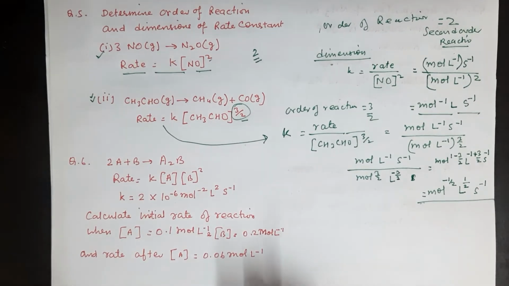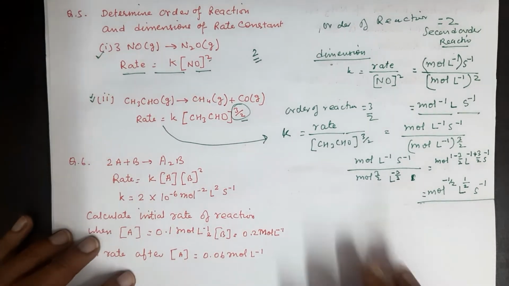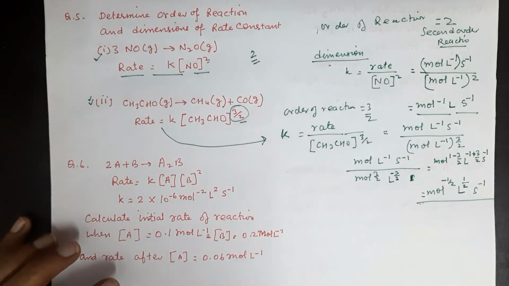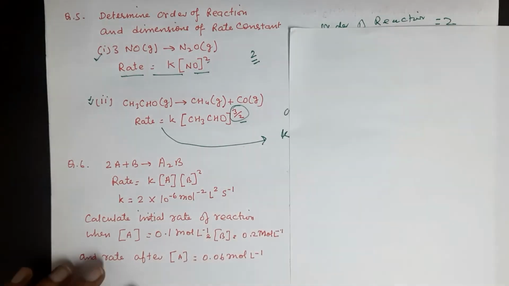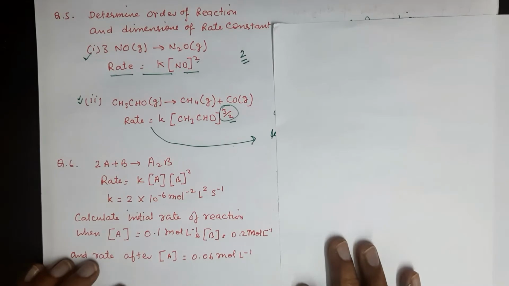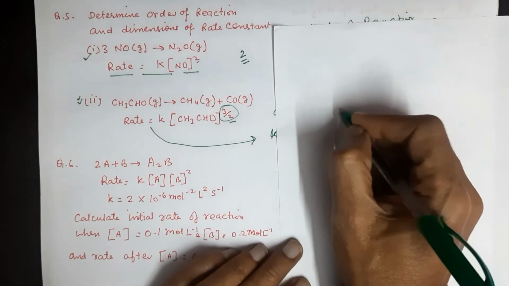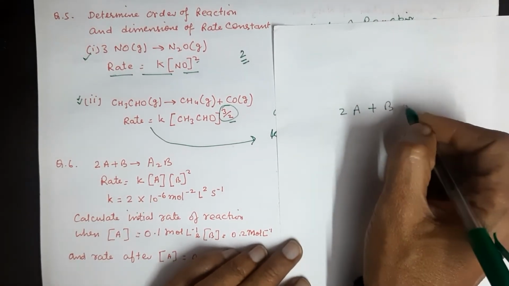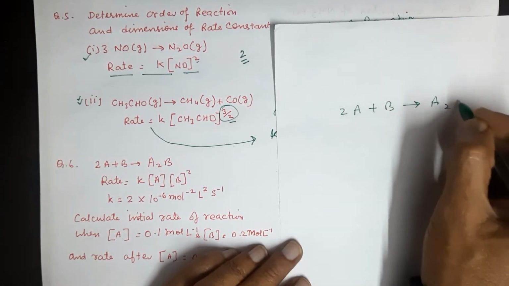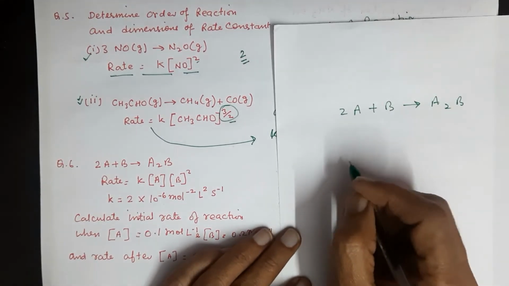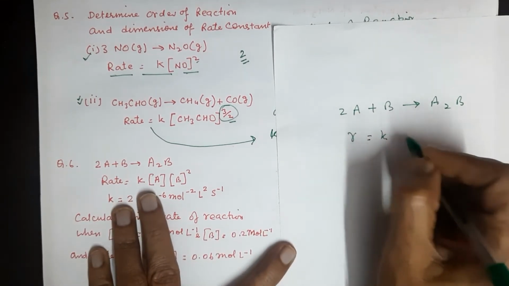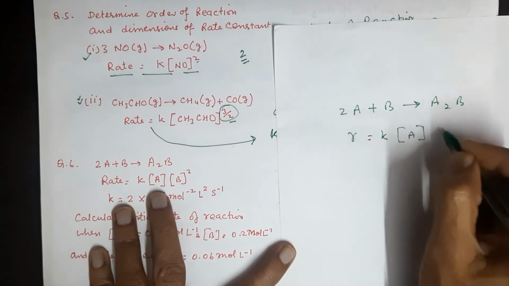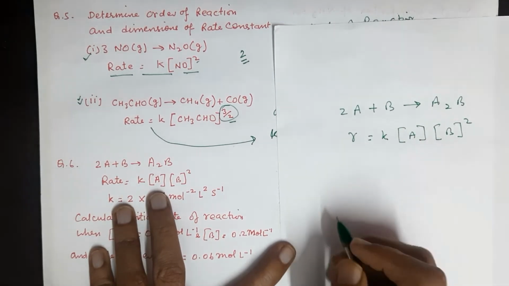Now we come to the sixth question, and as there is no space, I will take a fresh page. The sixth question is: there is a reaction 2A plus B giving the product. Now the rate is R is equal to K [A][B] to the power 2.